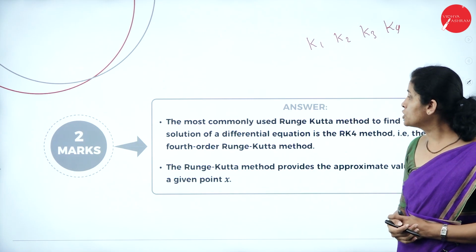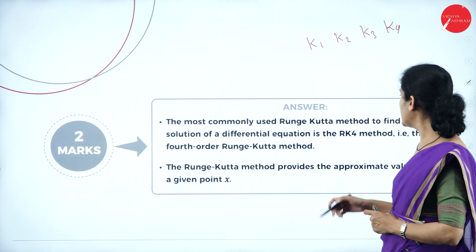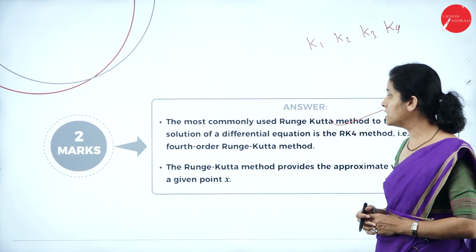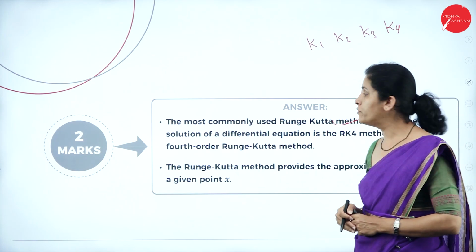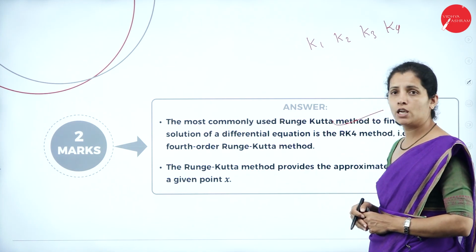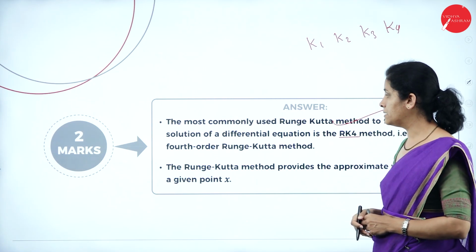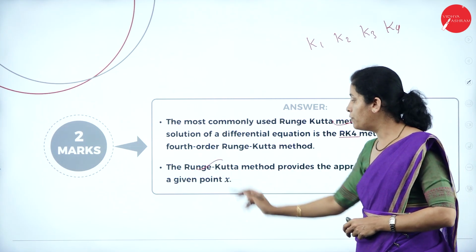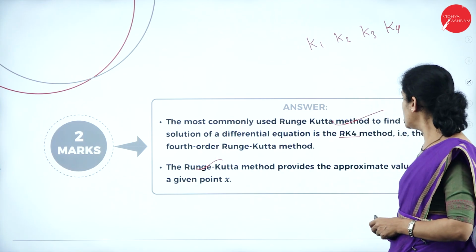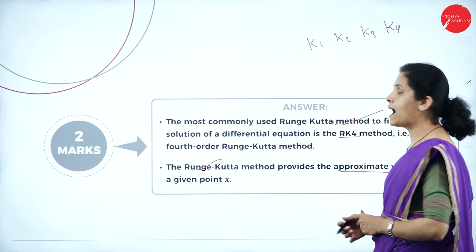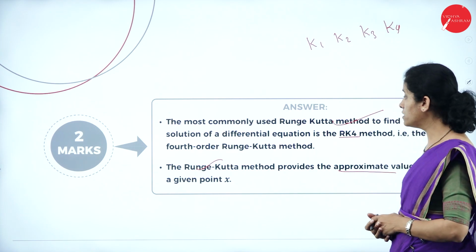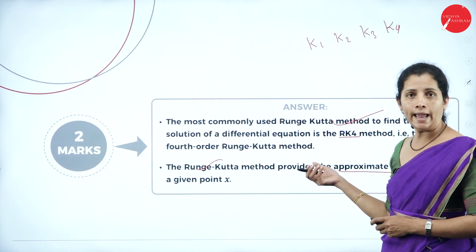The most commonly used Runge-Kutta method to find the solution of a differential equation is the Runge-Kutta 4 method. Here, the Runge-Kutta 4 method provides the approximate value of y for the given point x.